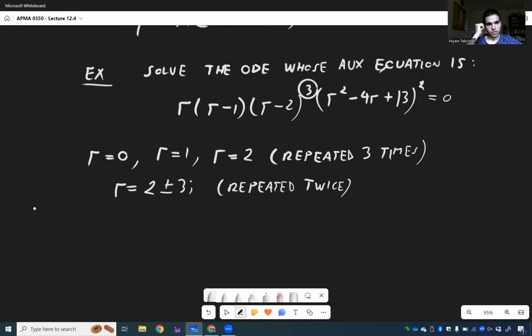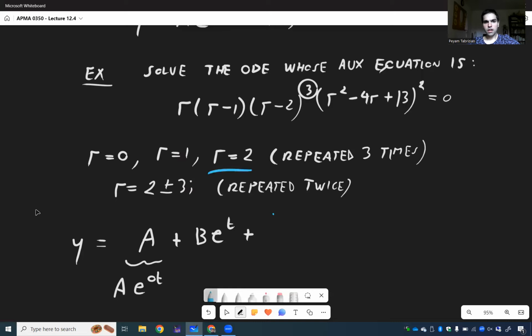Well, y is a e^(0t), which is just a, so a constant, plus b e^t, that comes from the root 1, plus. So for this r = 2, we get, since the root is 2, c e^(2t).